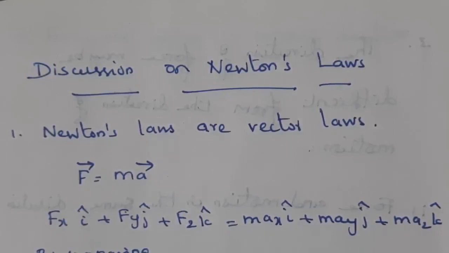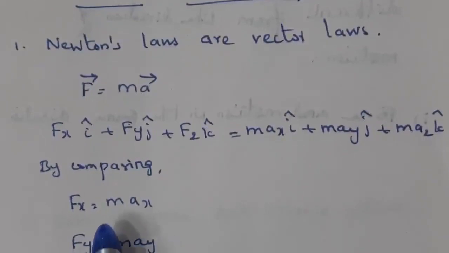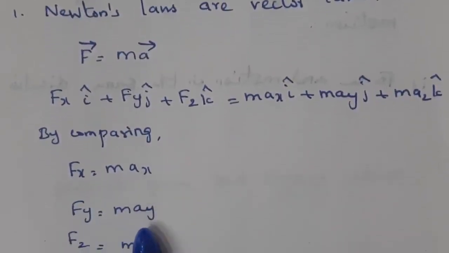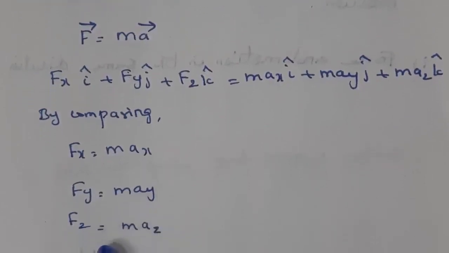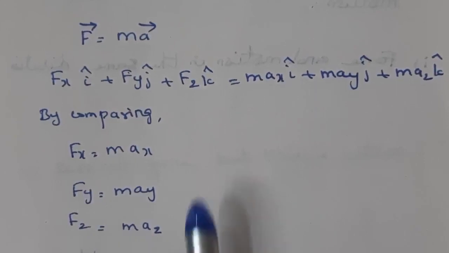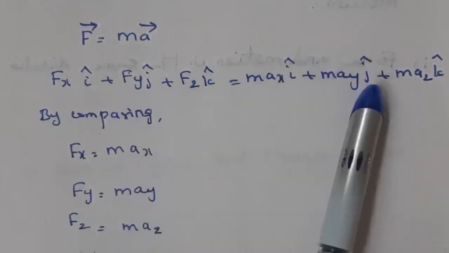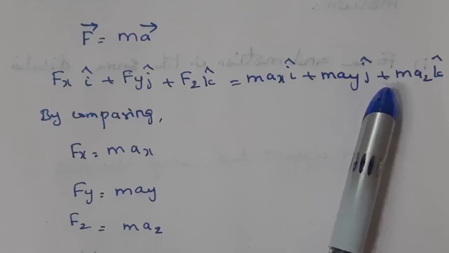By comparing both sides, the three scalar equations can be written as Fx equal to m ax, Fy equal to m ay, and Fz equal to m az.